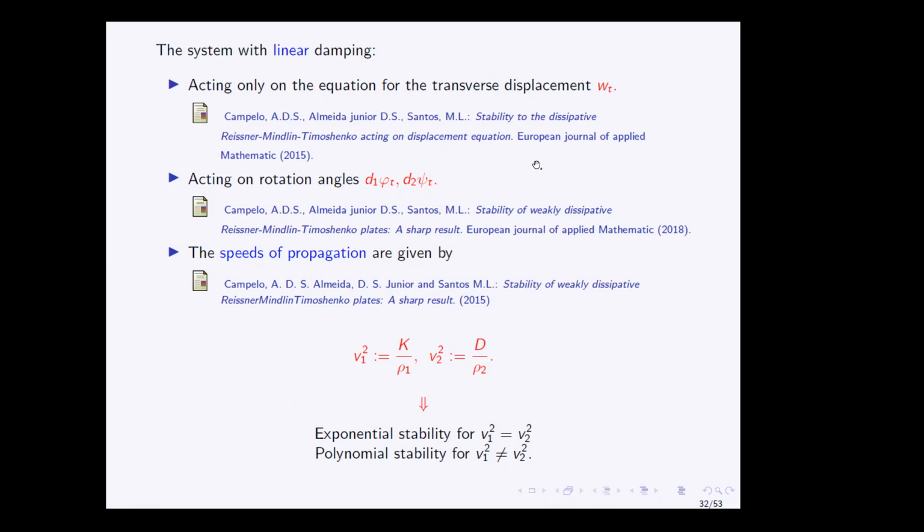So even for a two-dimensional system, the stability, the decay rate of the energy, depends on a relation between the coefficients of the system.